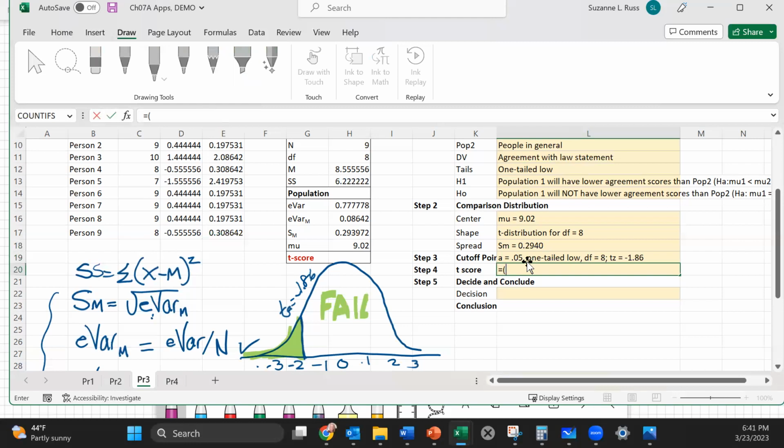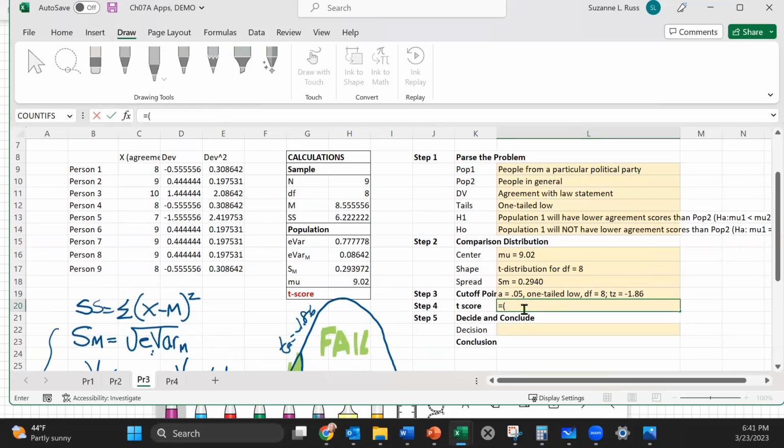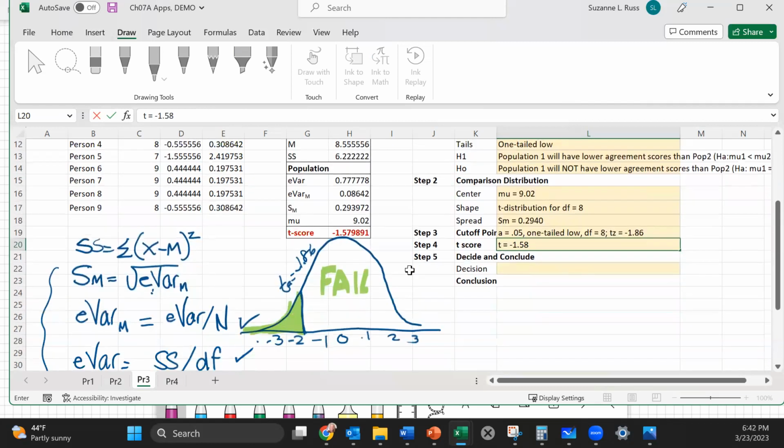Let's put it right here where our calculations are, equals, in parentheses, M, minus mu, divided by our calculation for SM. And we find we have a t-score of t equals minus 1.58. We can plot that right here.